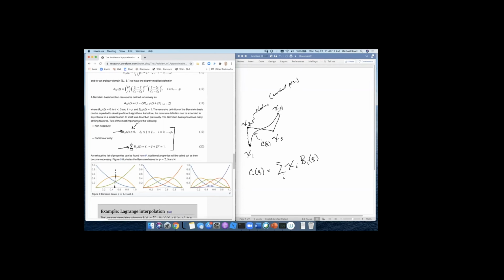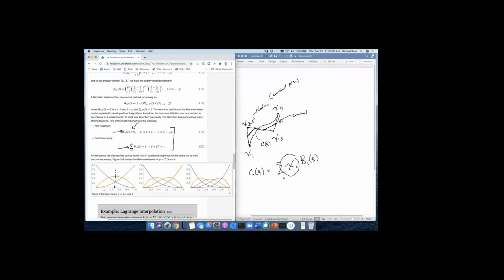And what's really cool about Bezier curves is as you add more and more Bernstein polynomials, the curve doesn't change, but the control mesh, we call this a control mesh sometimes, is nothing more than the location of the coefficients.